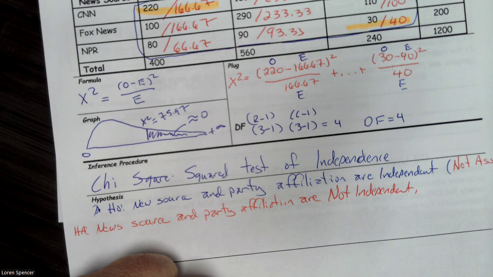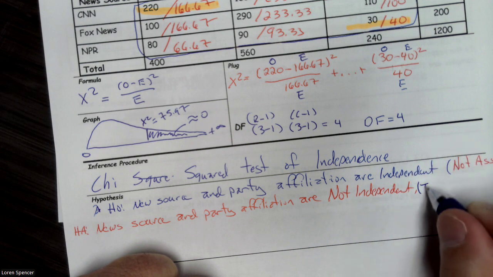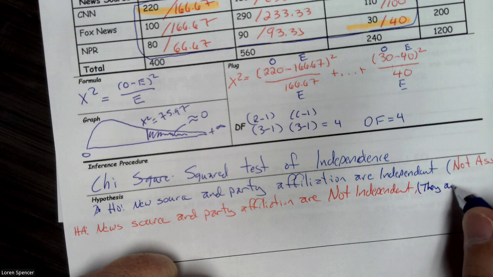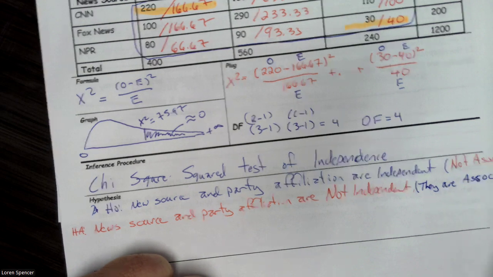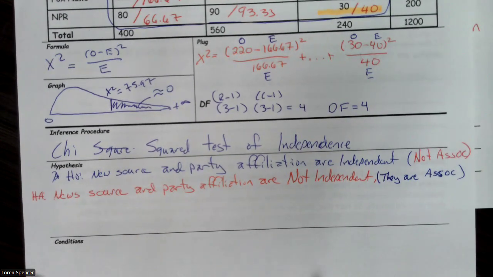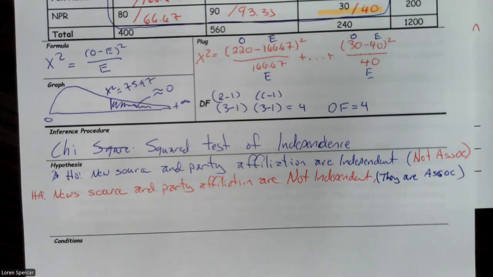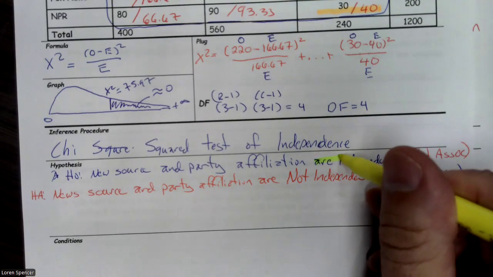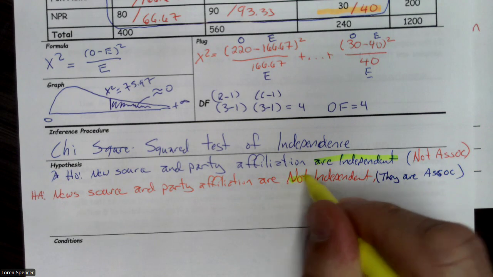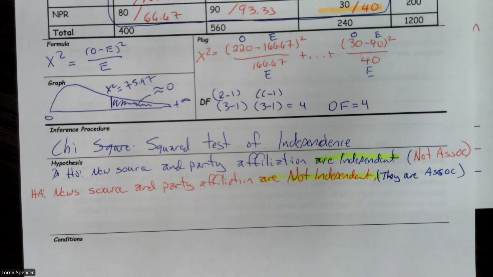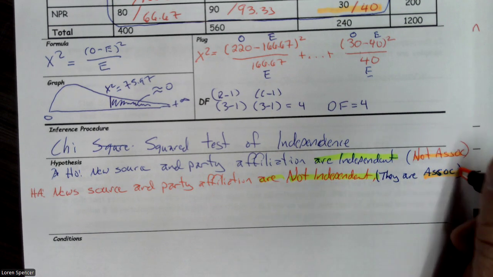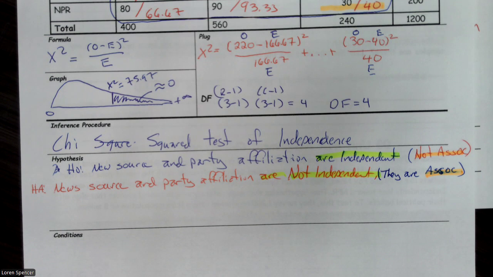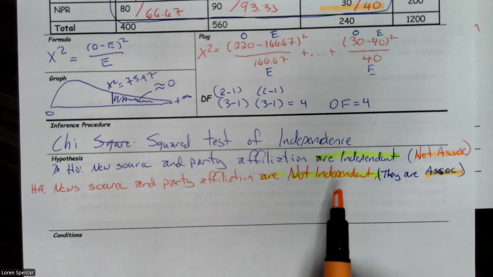And that means they are associated. All right. So the big difference here is this one says are independent. This one says are not independent. This one says not associated. This one says associated. So make sure you know that they switch. Are independent means not associated. Not independent means they are associated.